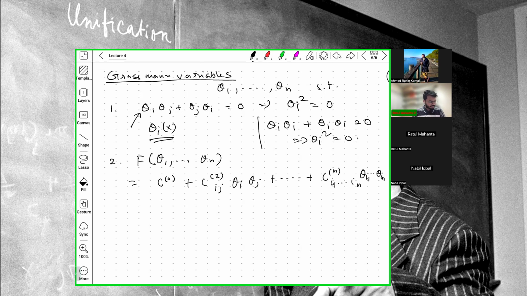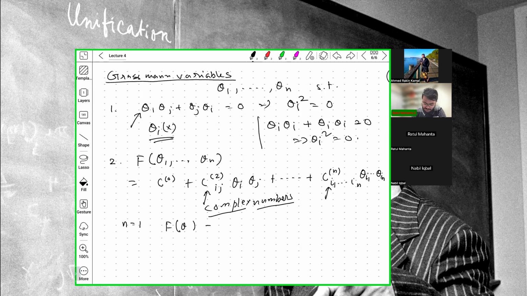Okay, so the coefficients are totally antisymmetric complex numbers. So they are usual complex numbers, and totally antisymmetric. I will explain this with an example. Say the n equals 1 case. There is only one variable.